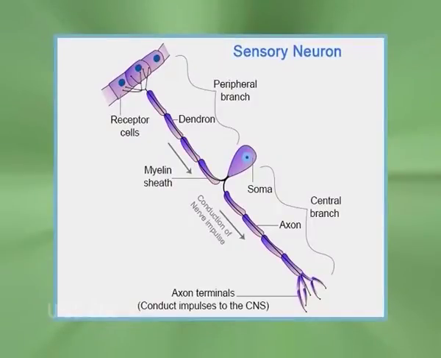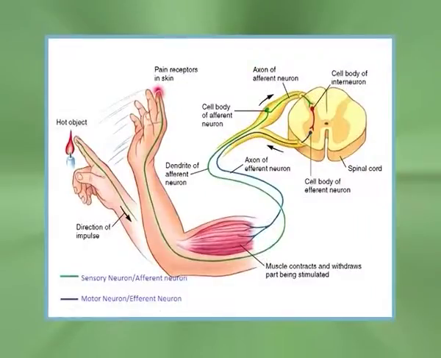Sensory neurons get information about what is going on inside and outside of the body and bring that information into the central nervous system so it can be processed. For instance, if we picked up a hot coal in hand, sensory neurons with endings in our fingertips would convey the information to our central nervous system (CNS) that it was really hot.